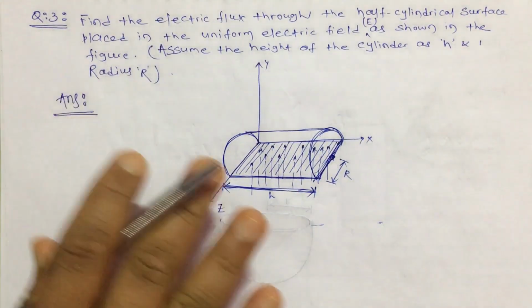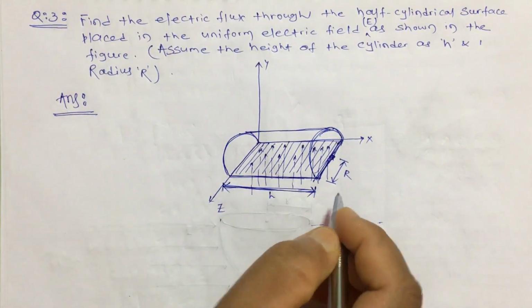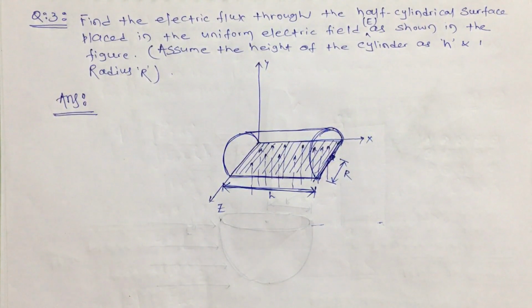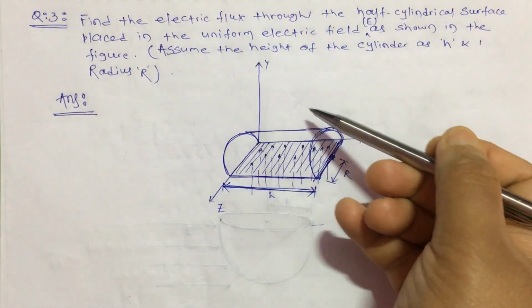I think it is clear from this diagram, and it is given that the radius of the half cylinder is r and the height of the half cylinder is h, and we have to find the electric flux through the half cylindrical surface, meaning through this surface.